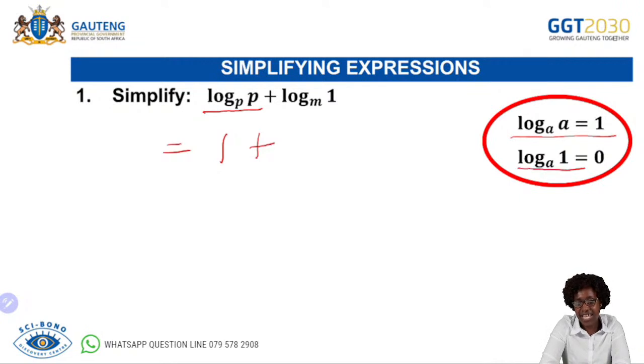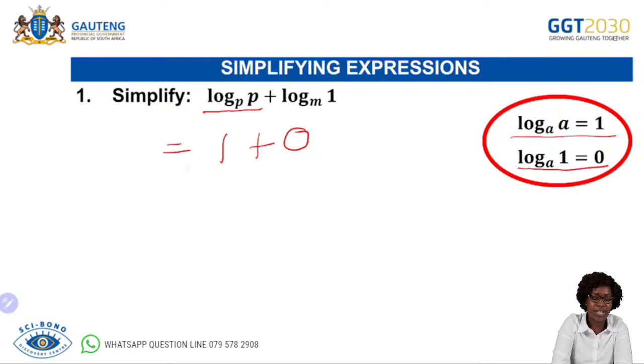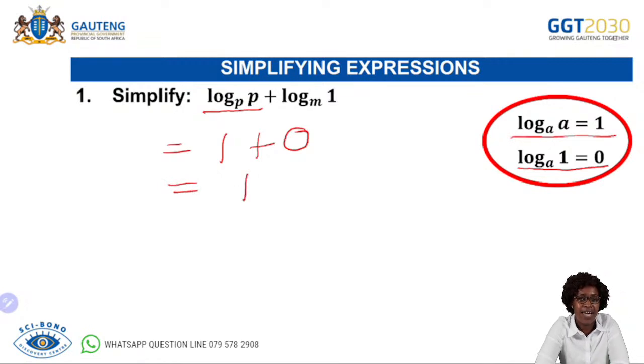Again, as I have put on the right-hand side, the log of 1 to base a is equal to 0. So when I'm simplifying this, log of 1 to base m becomes a 0. So here we've already simplified our question. 1 plus 0 just simply gives us a 1. I hope you were able to follow through this example, grade 11s.